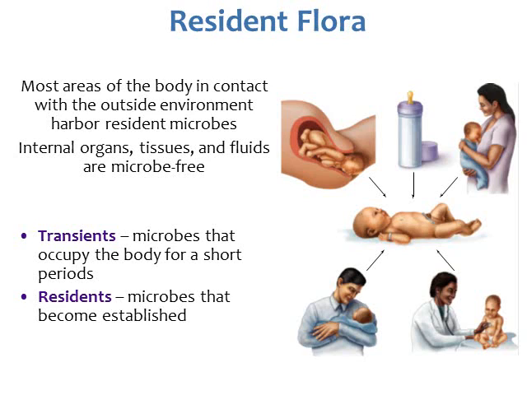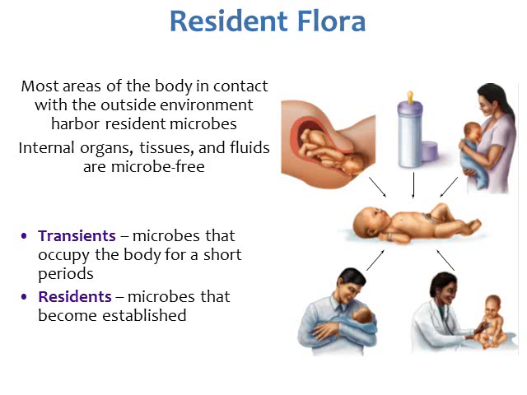So some resident flora can be categorized into different groups. So some flora are transients. These are microbes that occupy the body for a short period of time, so transient microbes can change over time. The resident normal flora, these are microbes that have become established on our skin or in our digestive tract, and they're always there, so they're very well established on these different parts of our body.